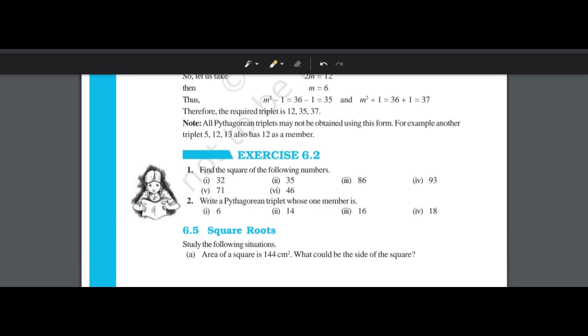So 14 into 14. 4 4s are 16. 4 1s are 4 plus 1, 5.